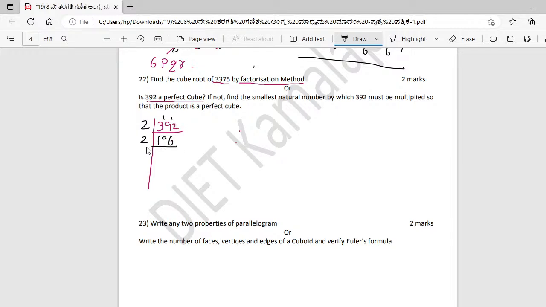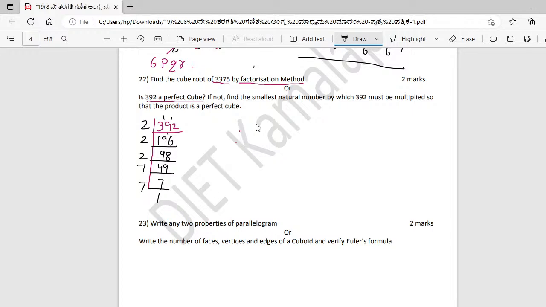Once again by 2, 2 nines are 18, 1 is remaining, that becomes 16, 2 eights are 16. And 2 fours are 8, 1 is remaining, that becomes 18, 2 nines are 18. And 7 sevens are 49, 7 ones are 7. And we cannot proceed further.